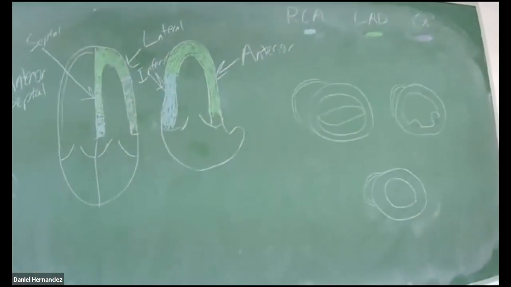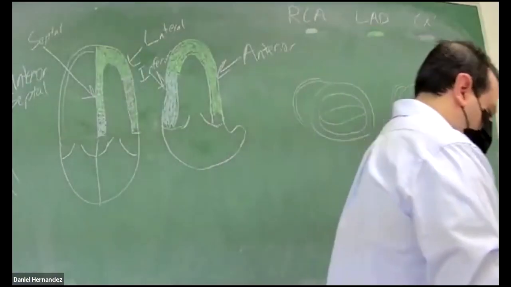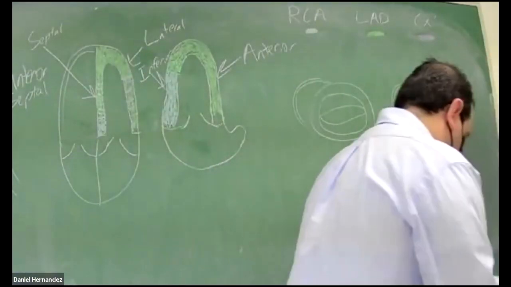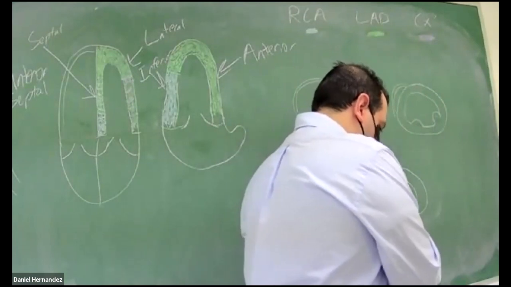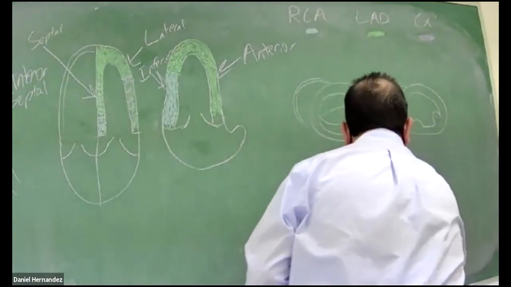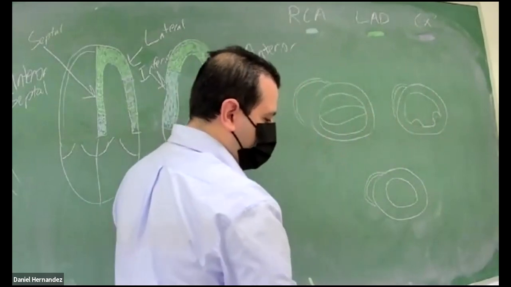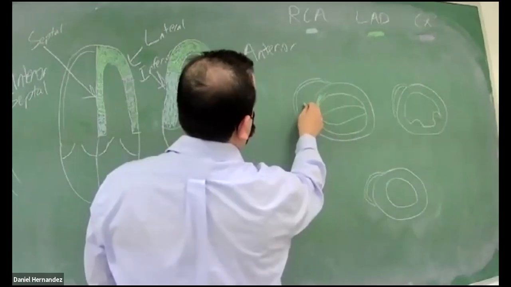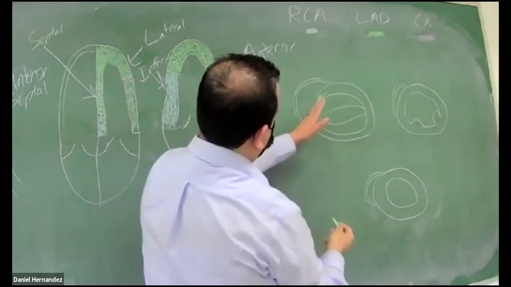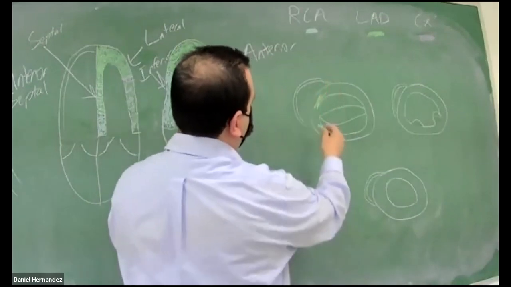And then when you get into some of your short axis views too, this is our view at the mitral valve level. So if this is the right ventricle, this is the left ventricle, this is the interventricular septum.